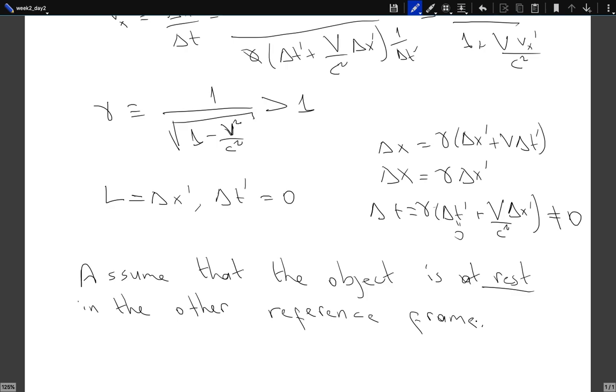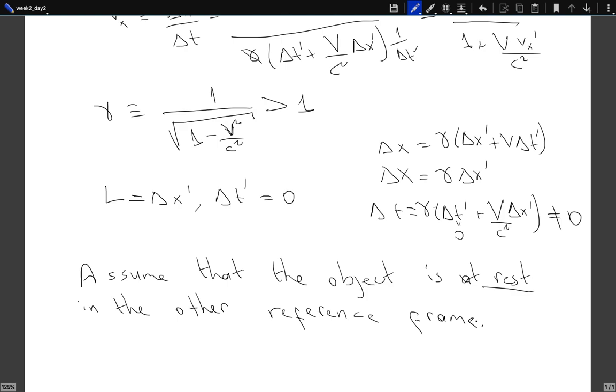So basically here it also stresses the fact that although we derived the length contraction expression, it relates the length of the object in its rest frame, the reference frame in which it is at rest, to the length of the object observed in another reference frame in which the object need not be at rest. So the length contraction expression is valid only in that case.